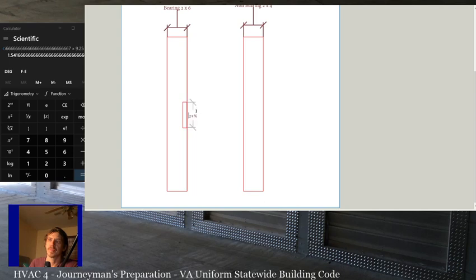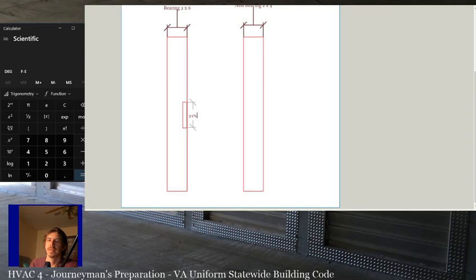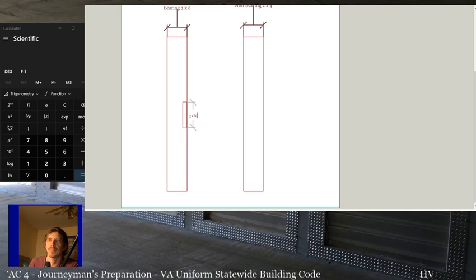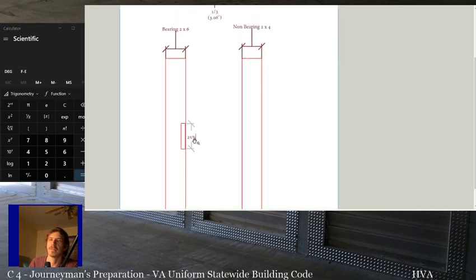So this cannot be more than 25%, which for a 2x6, width of a 2x6. It sucks that stuff's not necessarily the same dimensions, but it is what it is. So a 2x6 is 5.5 inches.